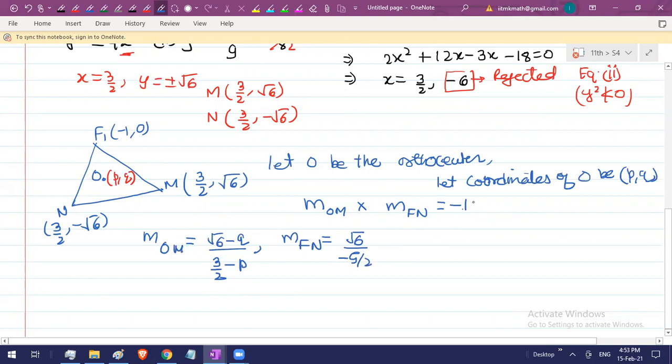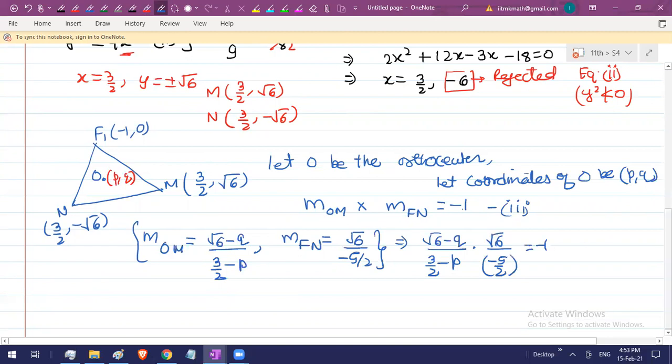You can write this as equation number 3. Putting these two values here, you will get root 6 minus Q upon 3 by 2 minus P into root 6 upon minus 5 by 2 is equal to minus 1.